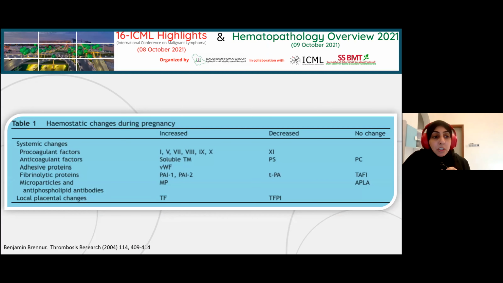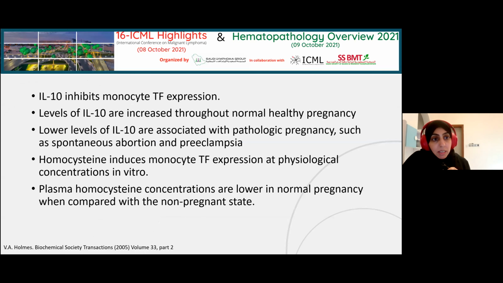This shows you the summary of the changes that occur during pregnancy. As you can see, there is a procoagulant tilt in pregnancy. Interleukin 10 will inhibit monocyte tissue factor expression, and the level of interleukin 10 has been found to be increased throughout normal, healthy pregnancy.